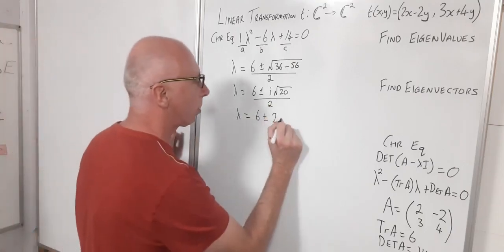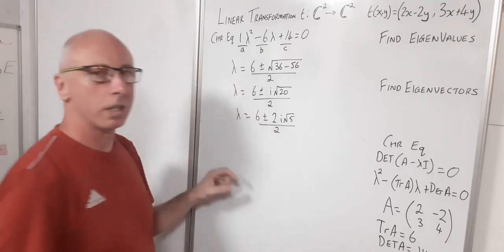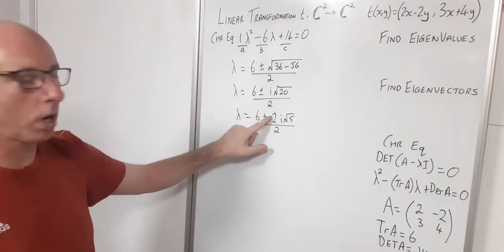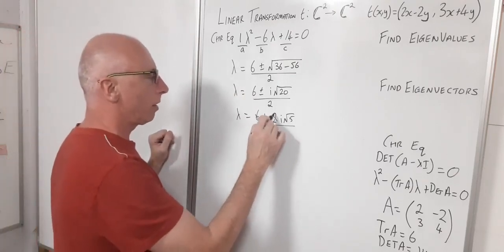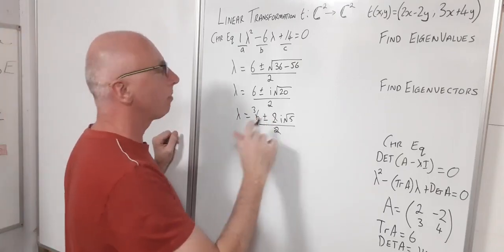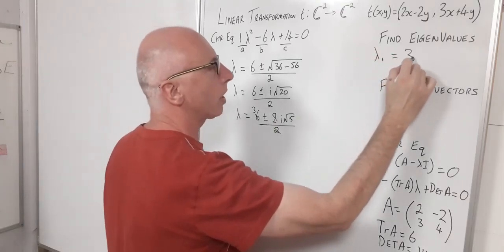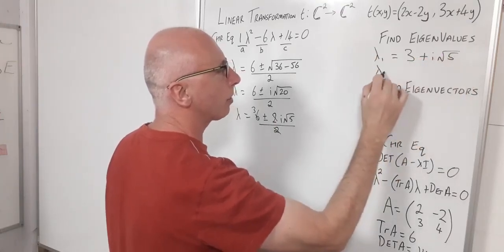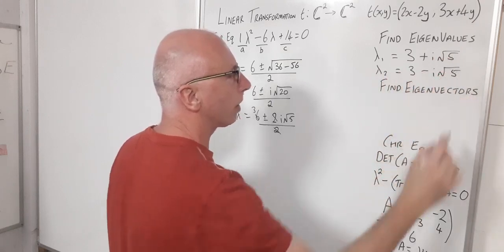So plus or minus 2i root 5 over 2. Now 6 divided by 2 gives us 3, and 2 divided by 2 gives us 1. So the eigenvalues are: lambda 1 equals 3 plus i root 5, and lambda 2 equals 3 minus i root 5.